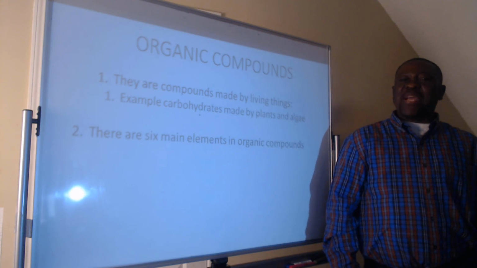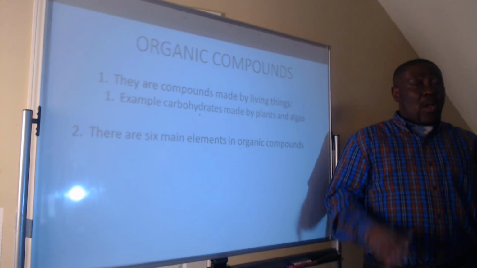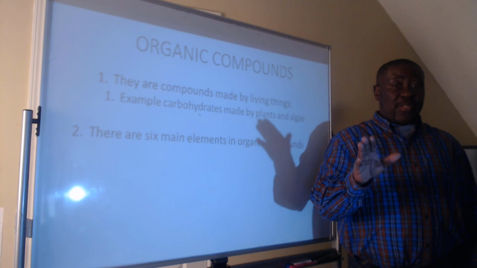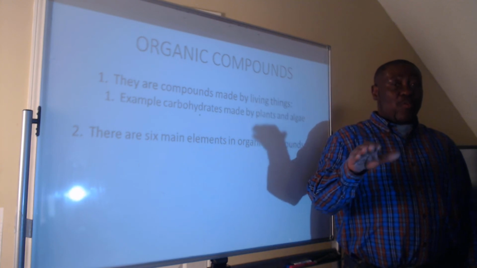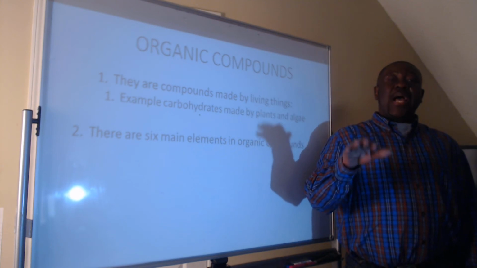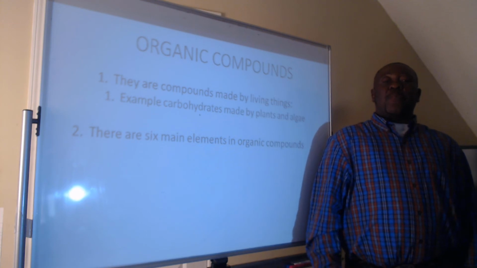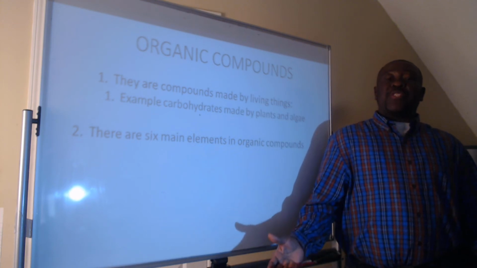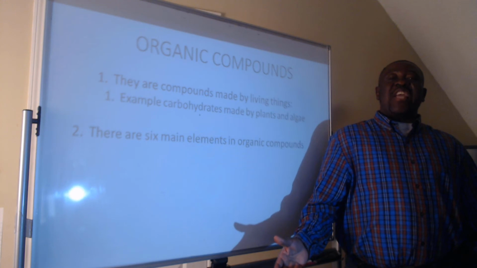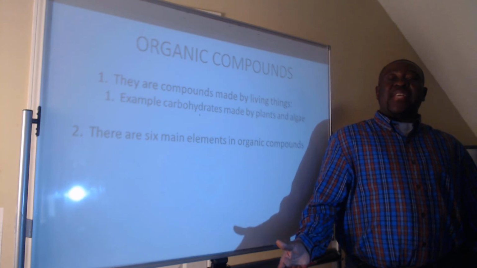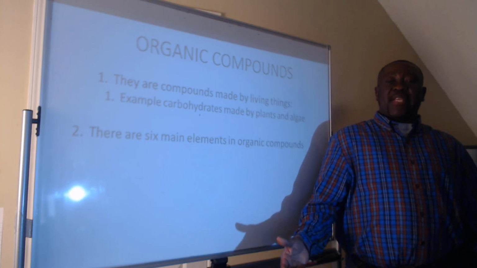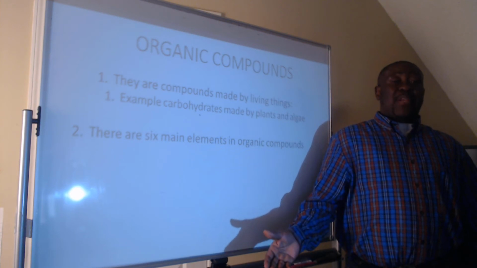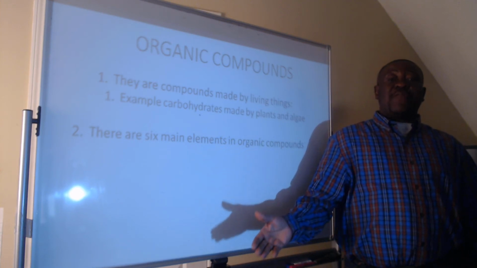There are 6 main elements in organic compounds. Now there are other elements, but the main elements that your state will require you to know are the 6 important elements. And I give them an acronym, CHOPSN, all capital letters. Because they're capital letters, each of those letters stands for a word.